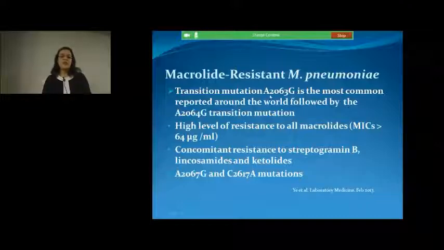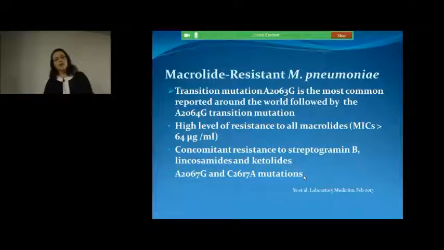Those mutations result in a high level of resistance to all macrolides, with MICs of more than 64 micrograms per ml. They also confer concomitant resistance to streptogramin B, lincosamides, and ketolides. Other mutations have been described, but they are much less common.